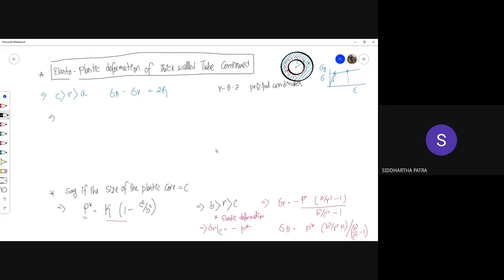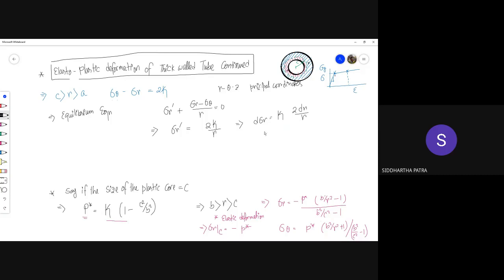Now, let's go back to the equilibrium equation, which says sigma r prime plus sigma r minus sigma theta divided by r equals 0. If I substitute that, I get sigma r prime equals twice k divided by r, or d sigma r equals k times twice dr divided by r.